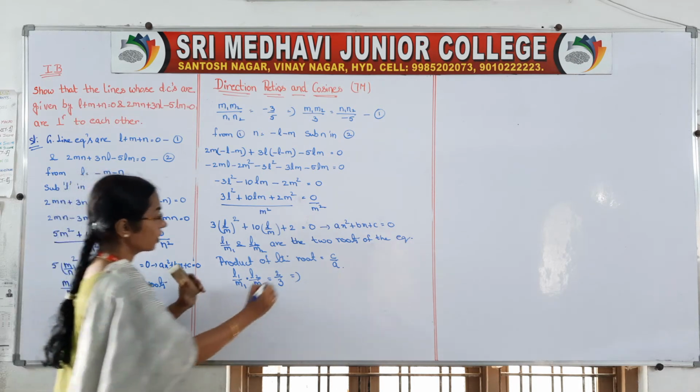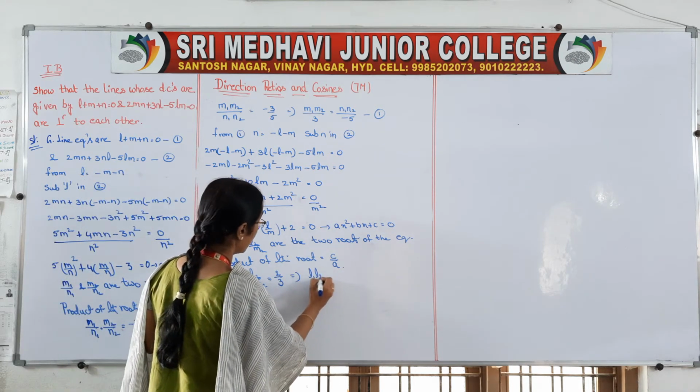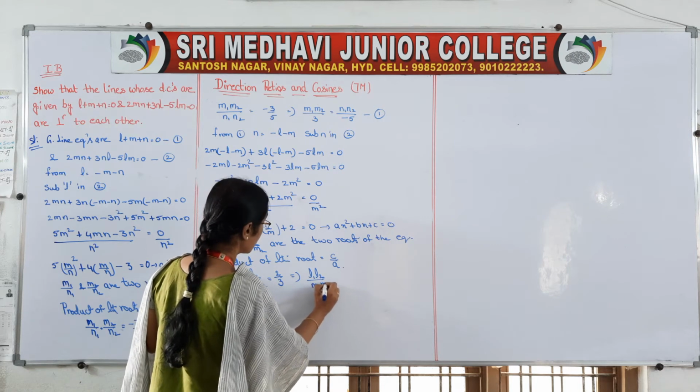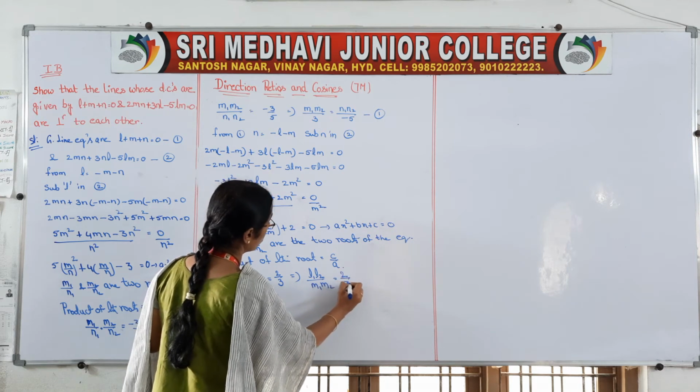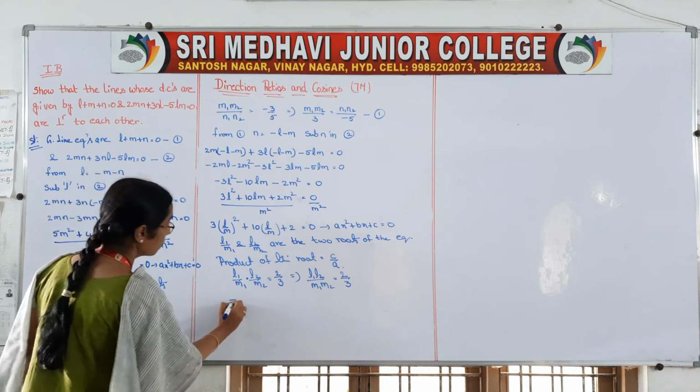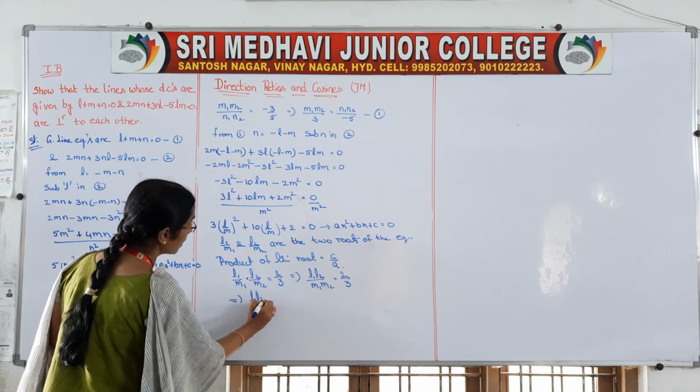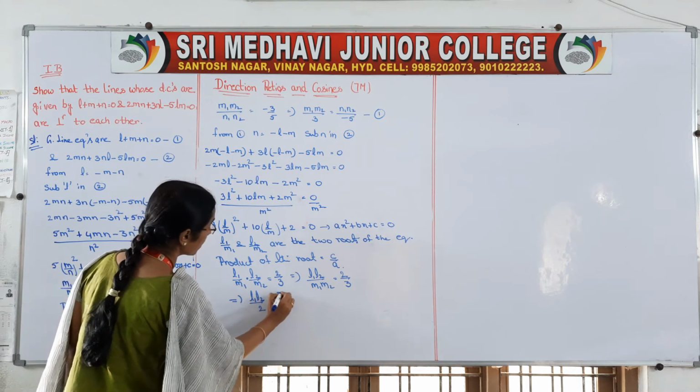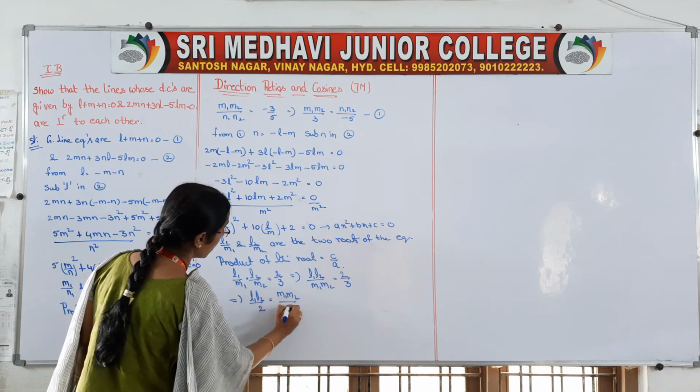So we can write this as L1 L2 by M1 M2 is equal to 2 by 3. Then we can write this as L1 L2 by 2 is equal to M1 M2 by 3.